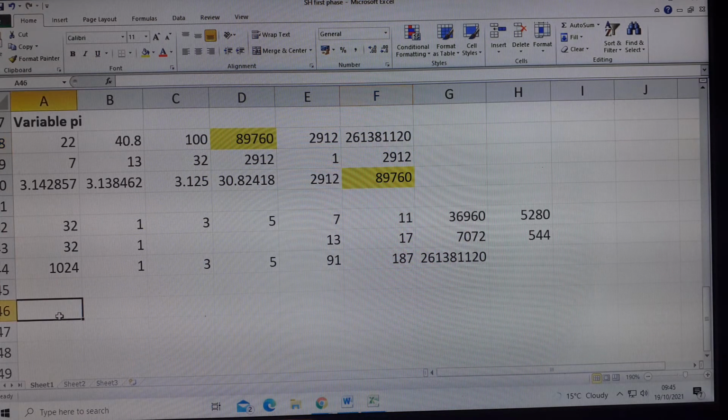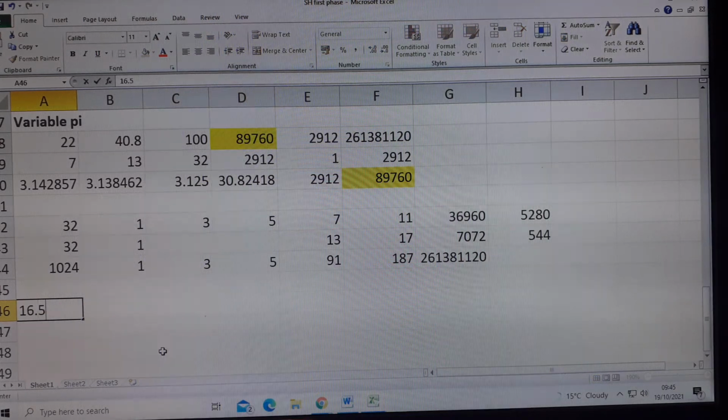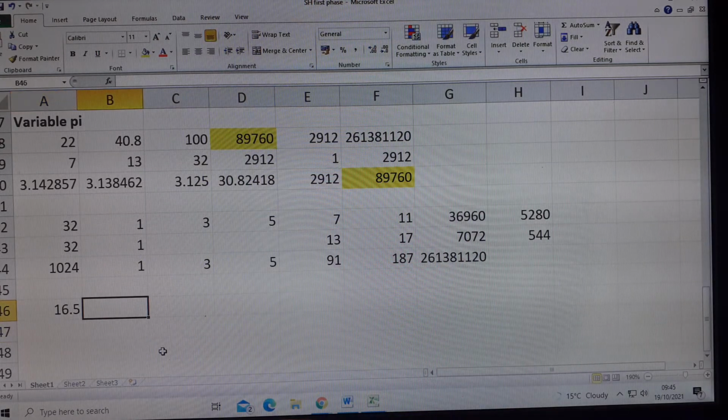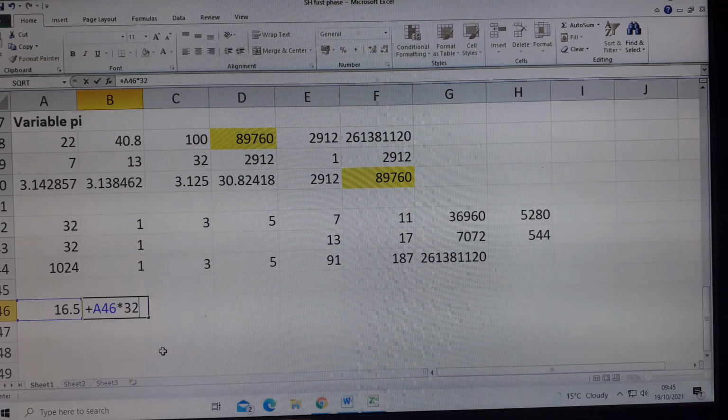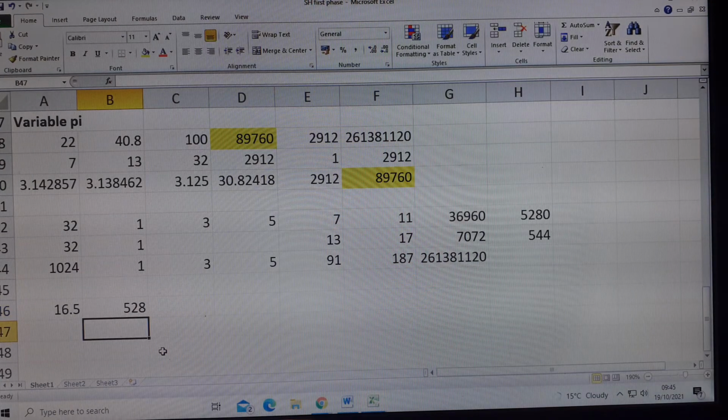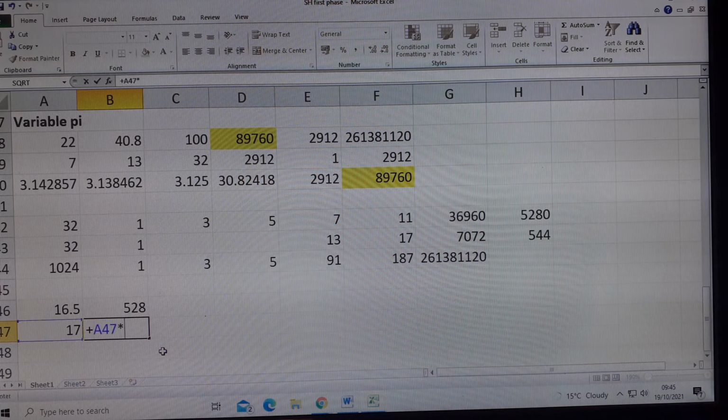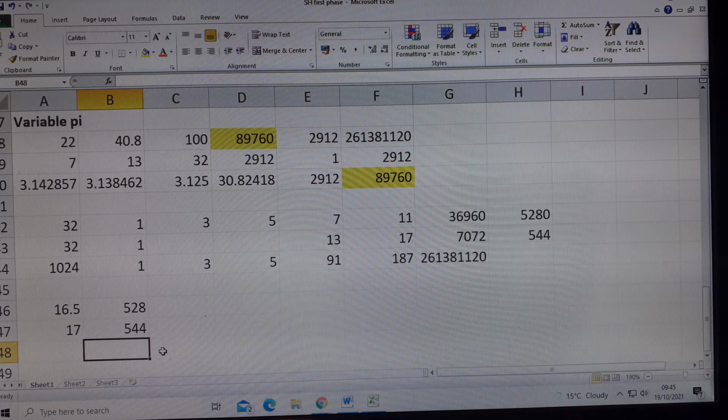Another thing I realised is if you get the rod 16.5 and multiply it by 32, you get 528. If the rod is 17, 17 being built into the megalithic yard as 16 times 17, if you multiply 17 by 32, you get Thom's mile.